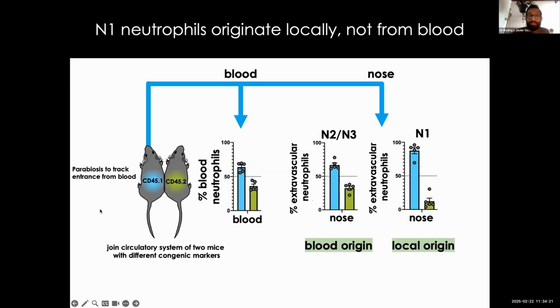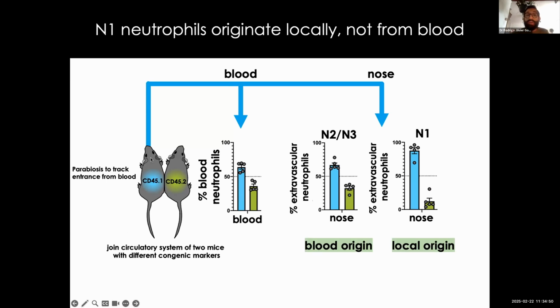Parabiosis is a strategy normally used to track entrance from blood, where the circulatory systems of two mice with different congenic markers are joined. I will refer to these congenic markers simply as blue and green. If we look at the blood circulation of the blue mouse after 1 month of being conjoined to the green mouse, we see comparable percentages of blue versus green neutrophils, which makes sense because the circulatory system is conjoined.